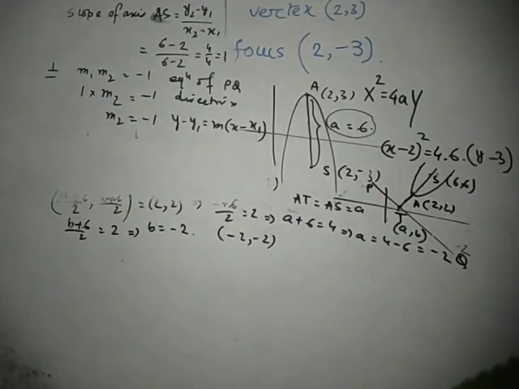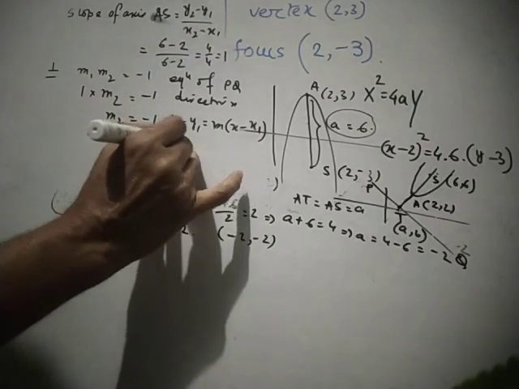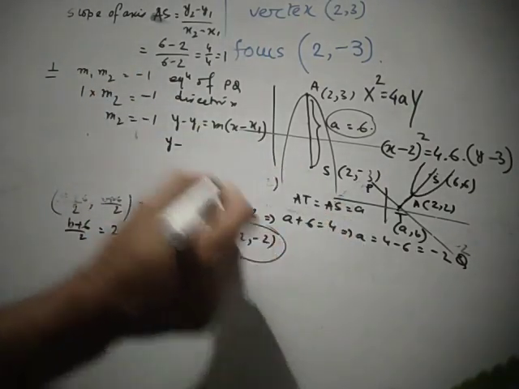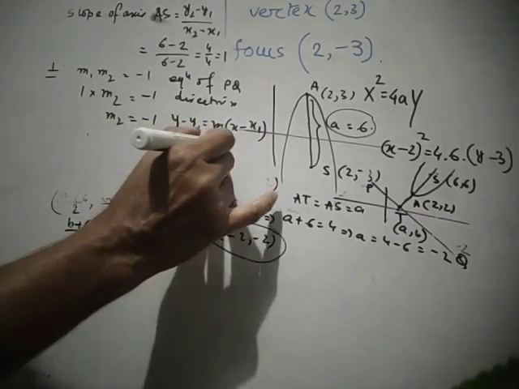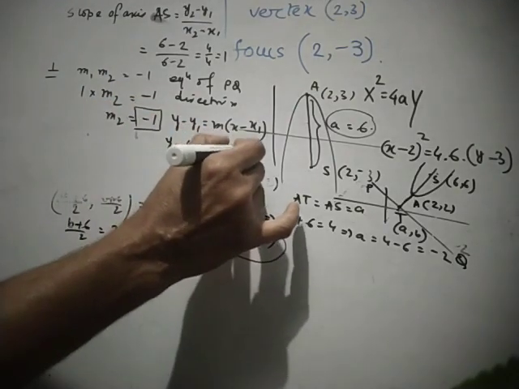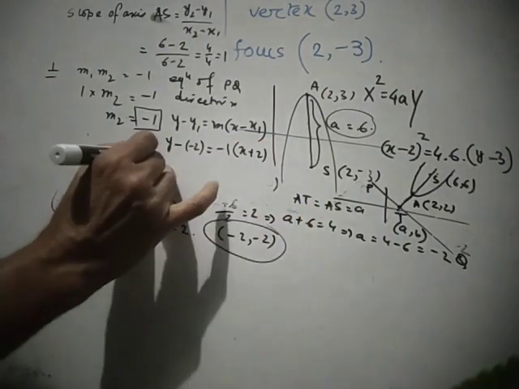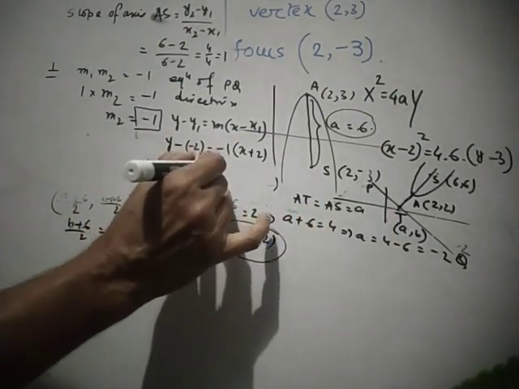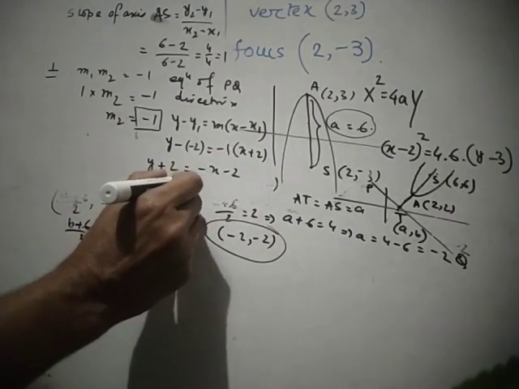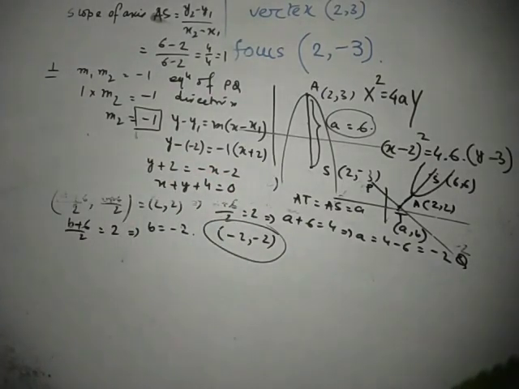Because for this straight line we know its slope and a point. The point we already have, that is T: y minus minus 2 equals m, which we got just now, minus 1, into x minus minus 2. So the equation we are getting is y plus 2 equals minus x minus 2. If we bring it to the same side, x plus y plus 2 plus 2, 4, equals 0. The equation of the directrix we got.